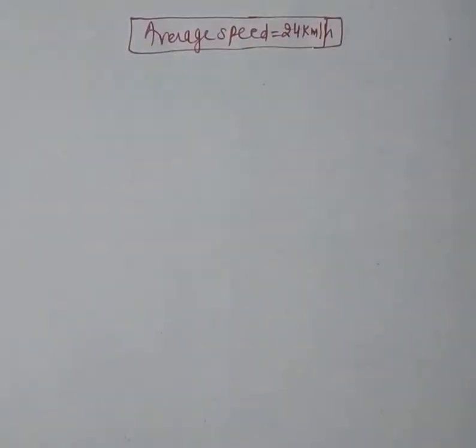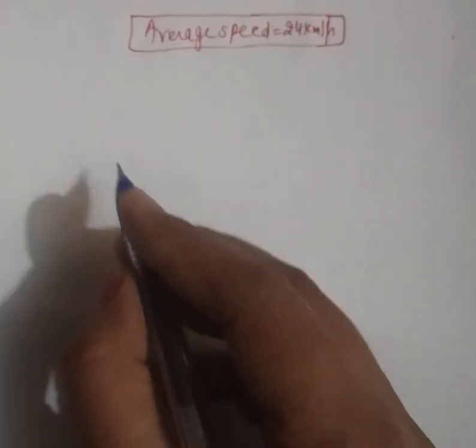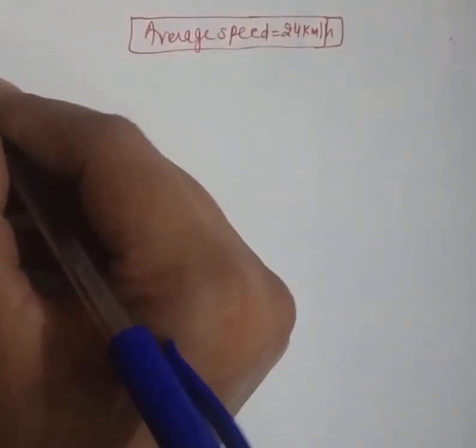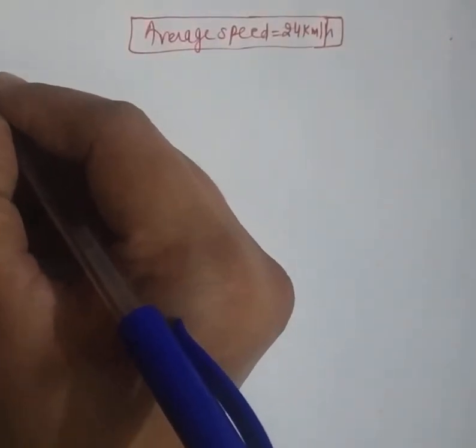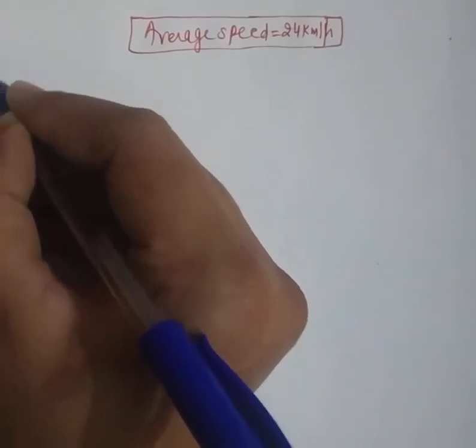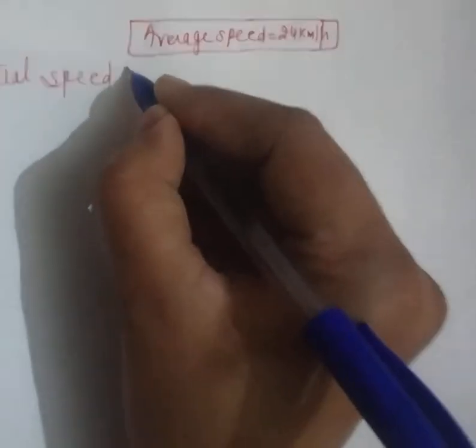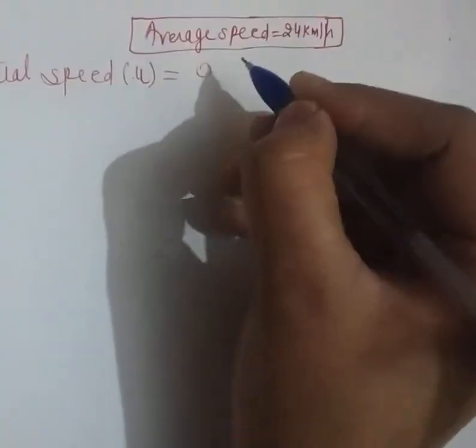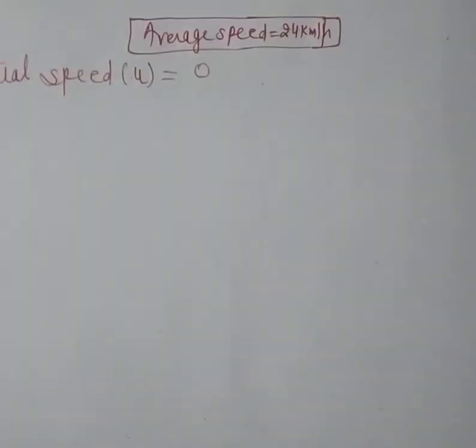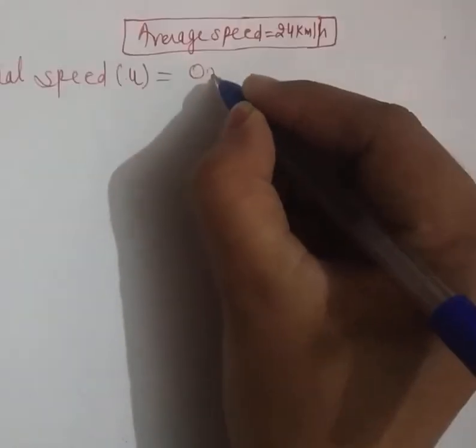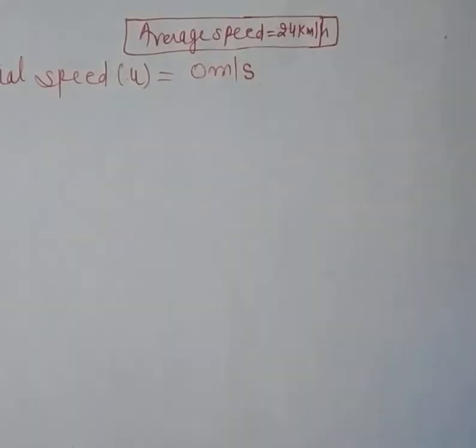A motorboat starting from rest. I have told you during my theoretical videos what from rest means: initial speed is 0. I am mentioning here the unit meter per second in SI.